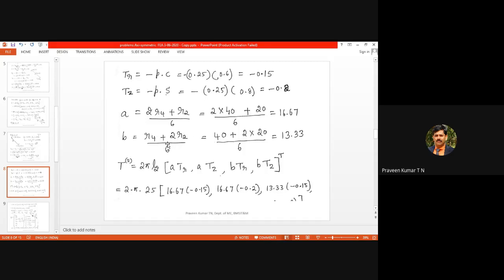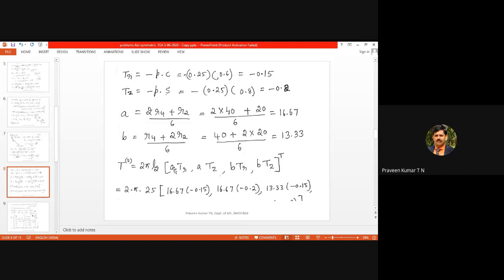B is given by (R4 plus 2R2) divided by 6, that is 40 plus 2 into 20 divided by 6. So you get 13.33. From that we have the general formula for finding the traction force vector. That is 2 pi L e into [A TR, A TZ, B TR, B TZ] transpose.